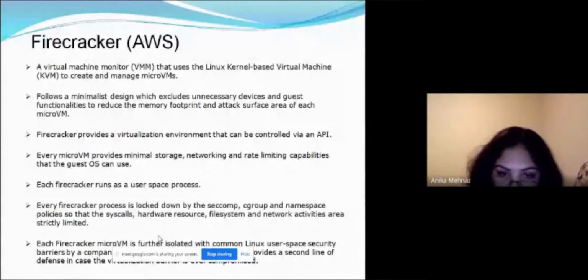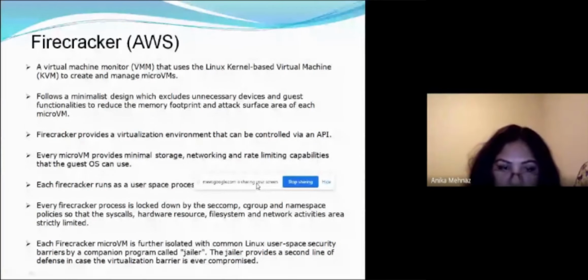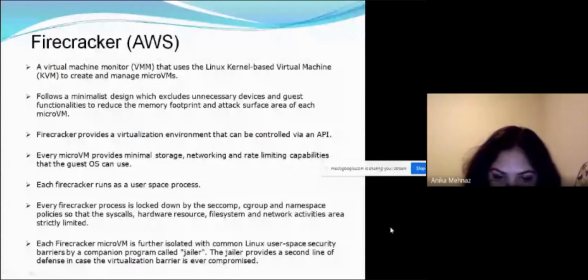Every Firecracker process is locked down by seccomp. Seccomp calls, hardware resource, file system, and network activities are strictly limited. And each Firecracker microVM is further isolated with the common Linux user space security barriers by a companion program called Jailer. The Jailer provides a second line of defense in case the virtualization barrier is ever compromised.